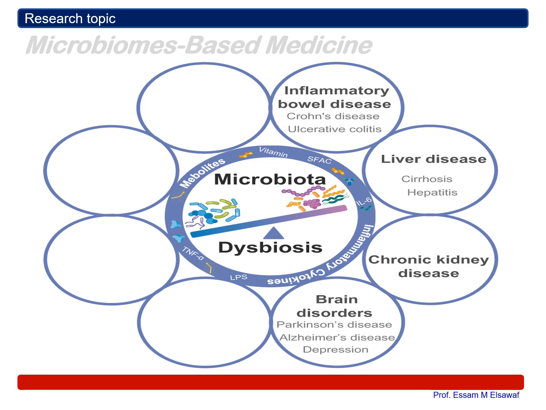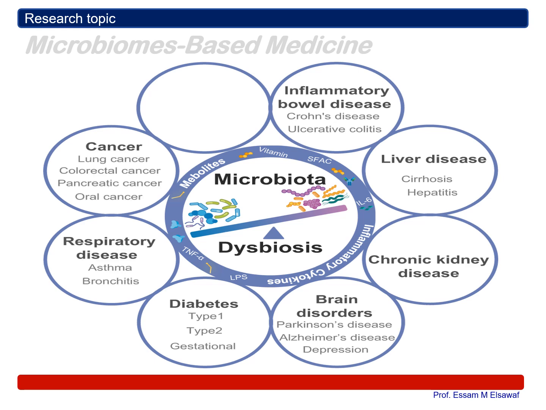Diabetes, whatever the type 1 or type 2, or even gestational diabetes. Respiratory diseases such as asthma or bronchitis, cancers, especially lung cancer, colorectal cancer, pancreatic or oral cancer, or any type of cancers, heart diseases like hypertension and atherosclerosis.